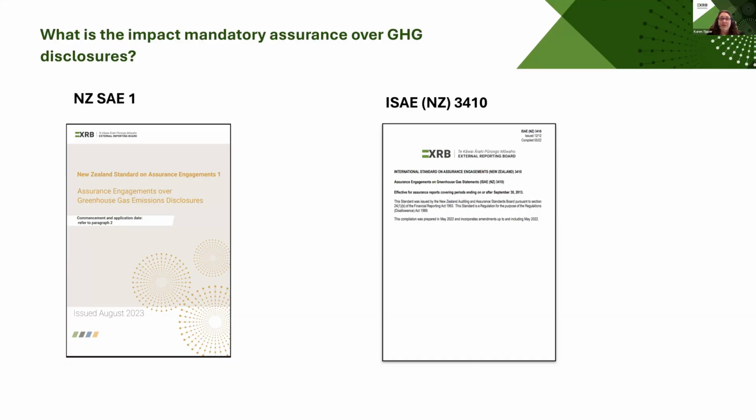And this allows us to continue to actively monitor the market, as we are through our greenhouse gas snapshot, and to monitor how other jurisdictions are adopting ISA 5000. Another question might be, what does this mean for our XRB issued standard ISAE NZ 3410? So internationally, ISA 5000 will replace 3410, as greenhouse gas disclosures are a form of sustainability information.